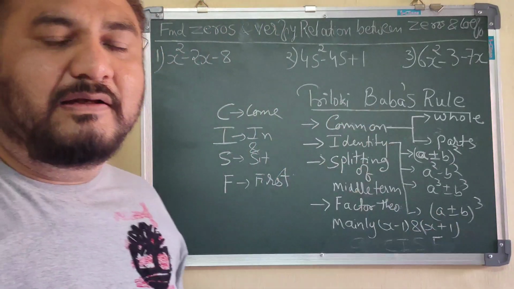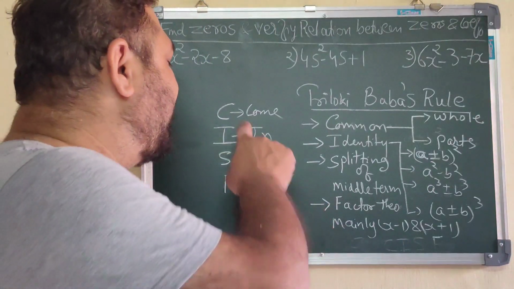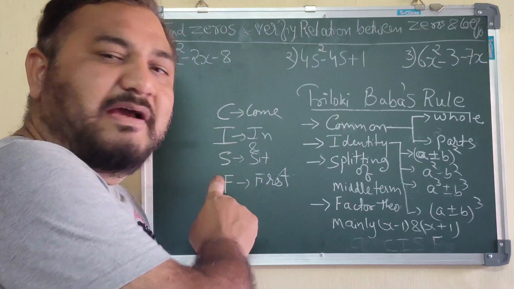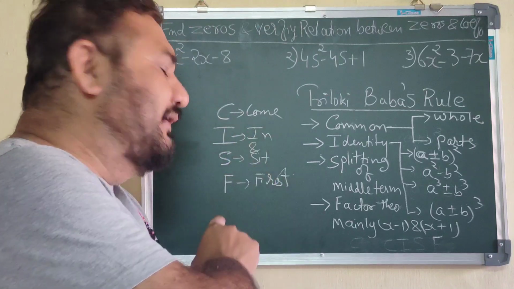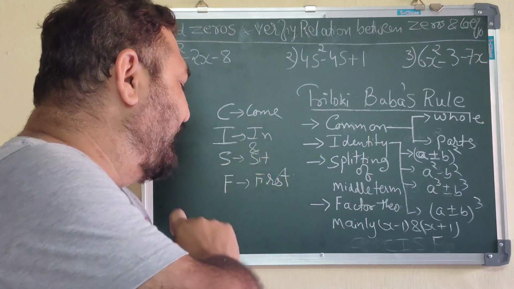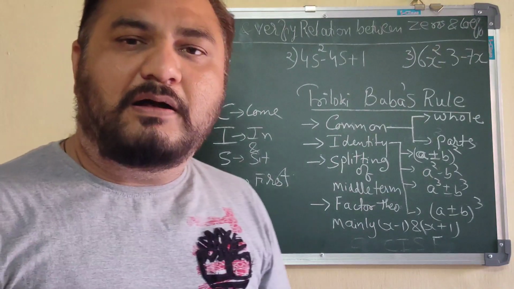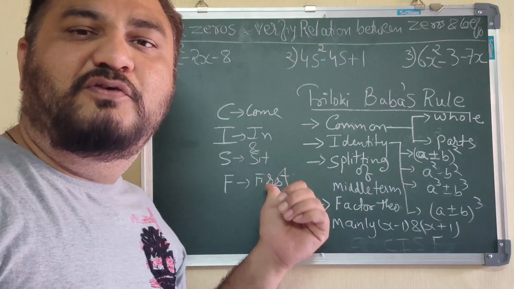यानी ये जो फैक्टराइजेशन का रूल है इसे हम याद कैसे रखेंगे? हमें याद रखने के लिए हमारे पास यहाँ पे 4 स्टेप हैं, दैट इज C I S F. C का मतलब होता है come, I का मतलब हुआ in, S का मतलब हुआ sit और F का मतलब हुआ first. हम किसी को भी कहीं पर भी अगर बुलाएंगे और बिठाएंगे तो हम ऐसा कहेंगे come in and sit first.